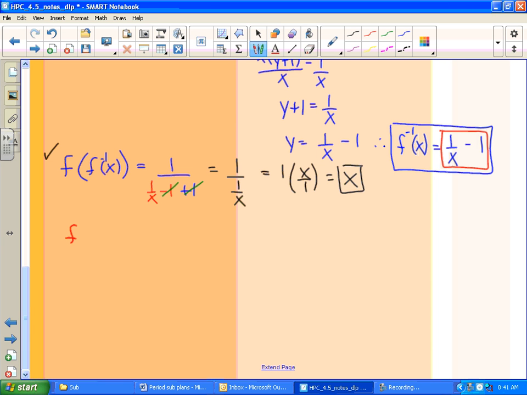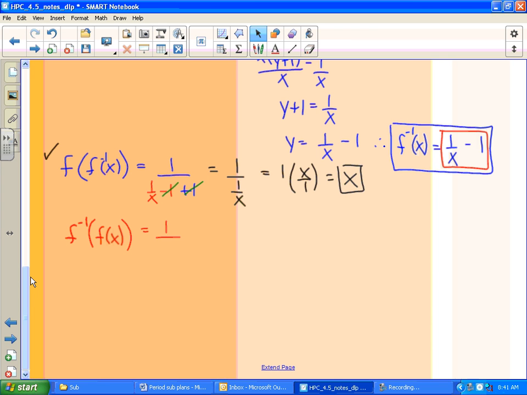Now let's do the inverse of the original function. Now we're going to composite them this way. 1 over, and then now we're plugging our f of x function in.